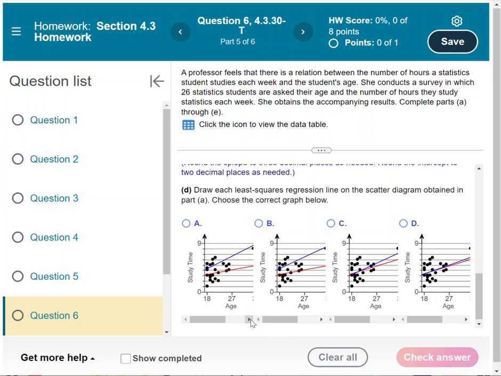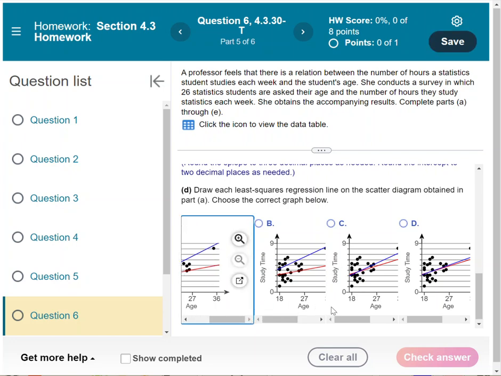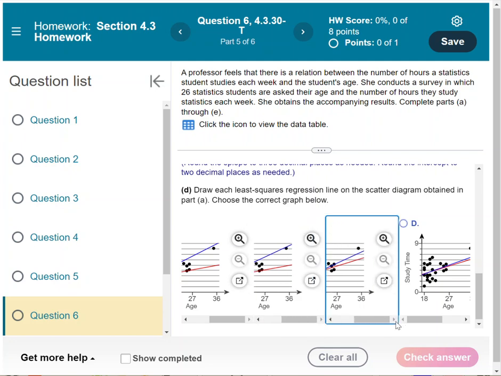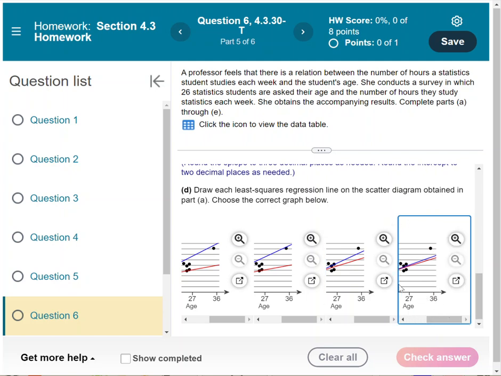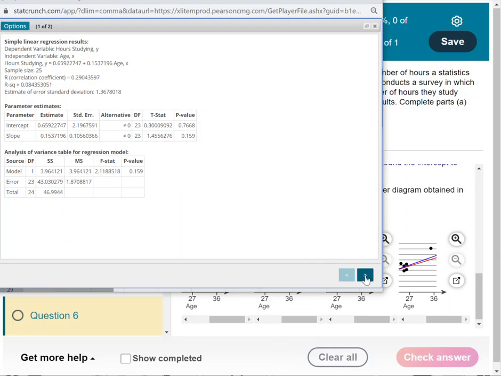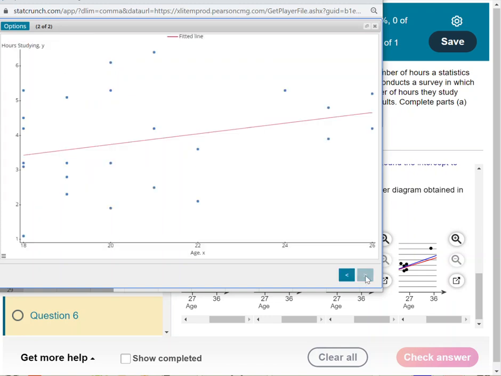Basically, let's see if we can figure out which one is the right graph here. Let's go ahead and look at our regression line that we have. This is with the outlier removed. So it looks like that.